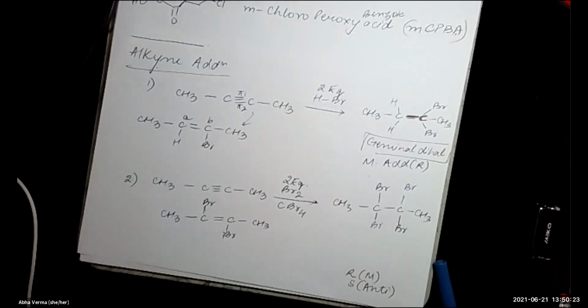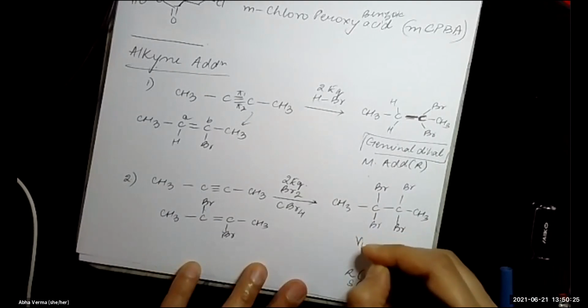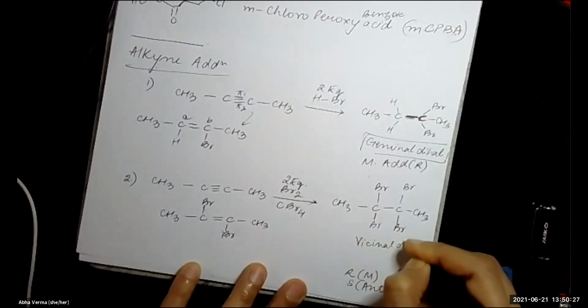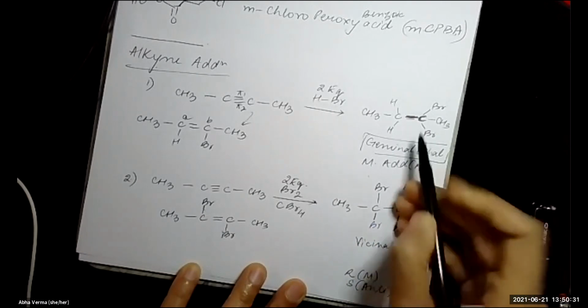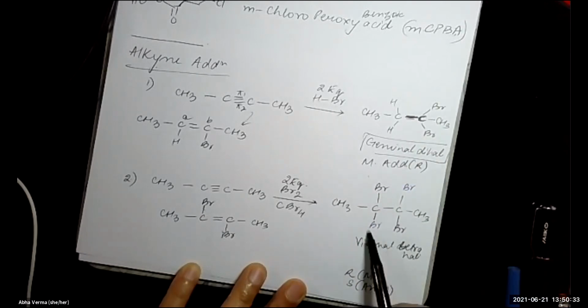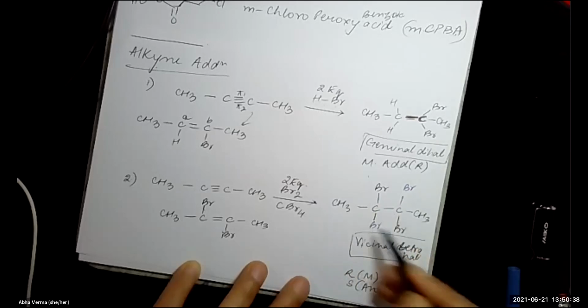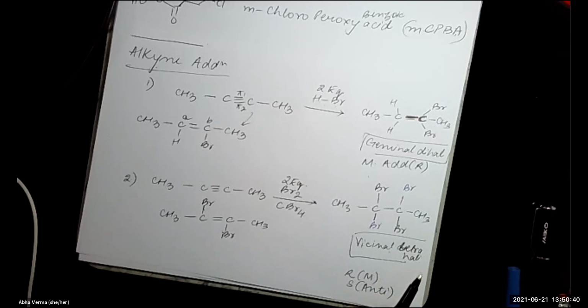So what you have now is a vicinal tetrahalide. So dihalide, tetrahalide. Vicinal, on the adjacent carbons.